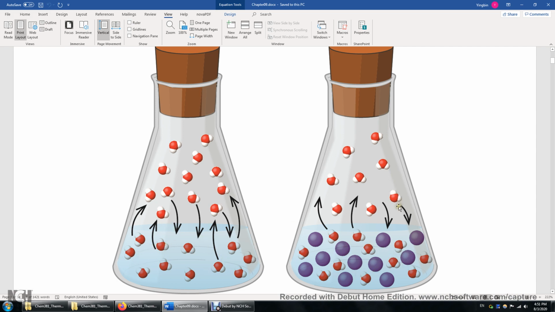That means the condensation speed of this one is only 50% of this one. How can that happen? Well, very simple. The vapor pressure of water in this flask is also 50% of that one. And then in this flask, the condensation speed and the evaporation speed are both only 50% of this one.